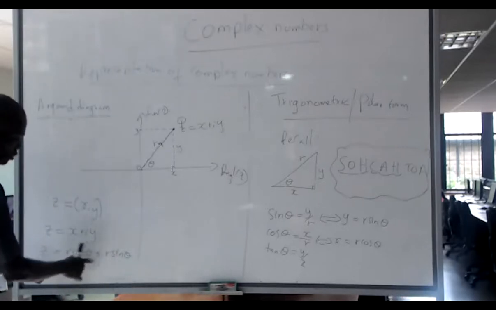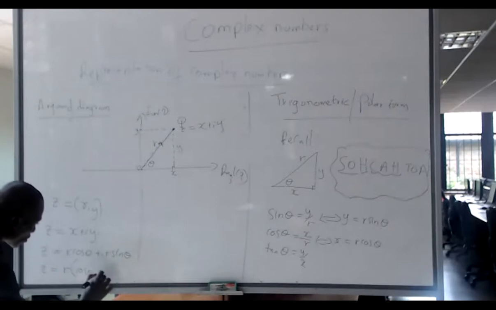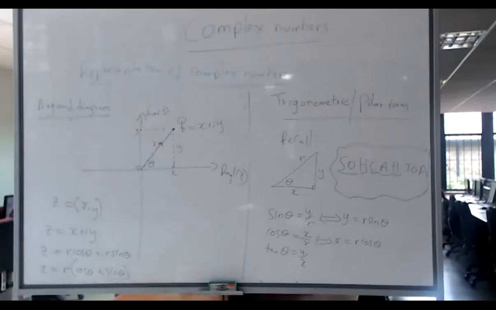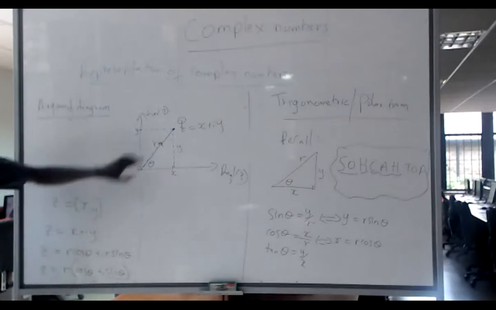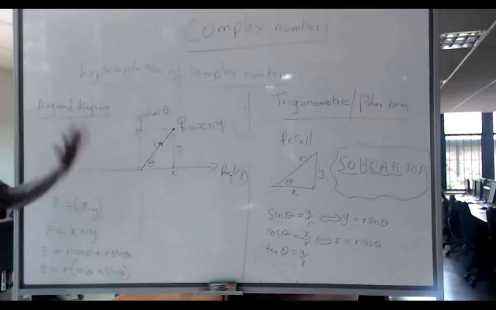We have done factorization before. So you can write z as r into cosine of theta plus i times sine of theta. So all I need to know is the value of r and the value of theta, because sine and cosine, I know the definitions. Therefore, I can still represent the point Q using a different coordinate system.